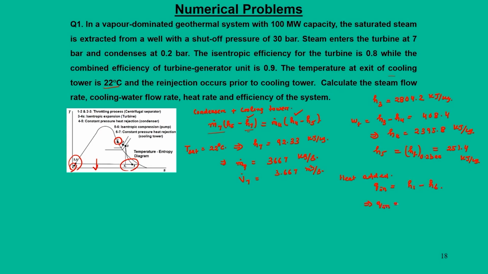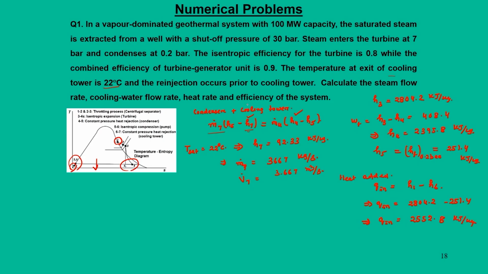All these numbers are known. h1 is 2804.2 minus 251.4. So, Q in is 2552.8 kilojoule per kg.